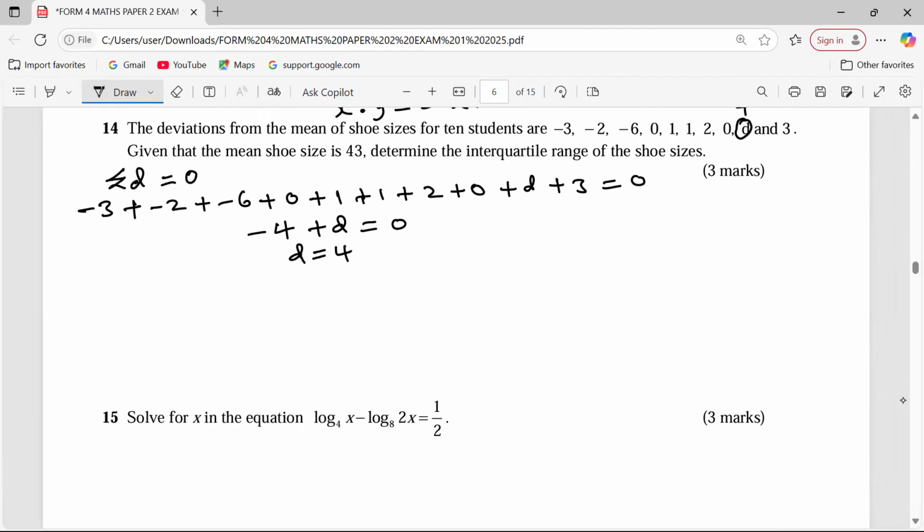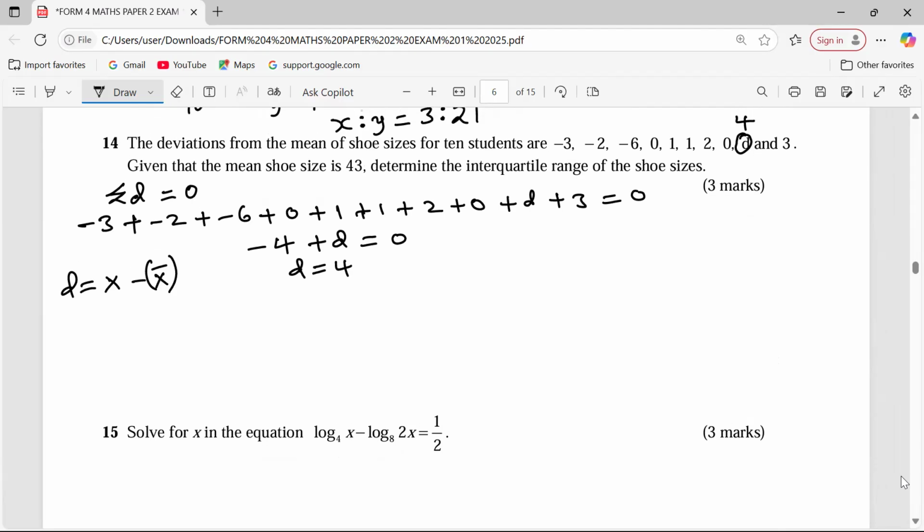The shoe sizes are X, and we should know that deviation is usually given by every value minus the mean. How is each value varying from the mean?